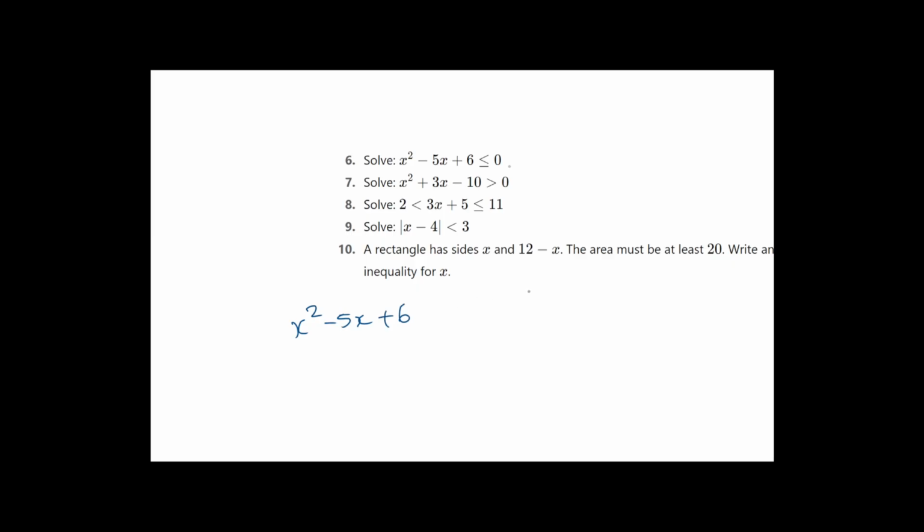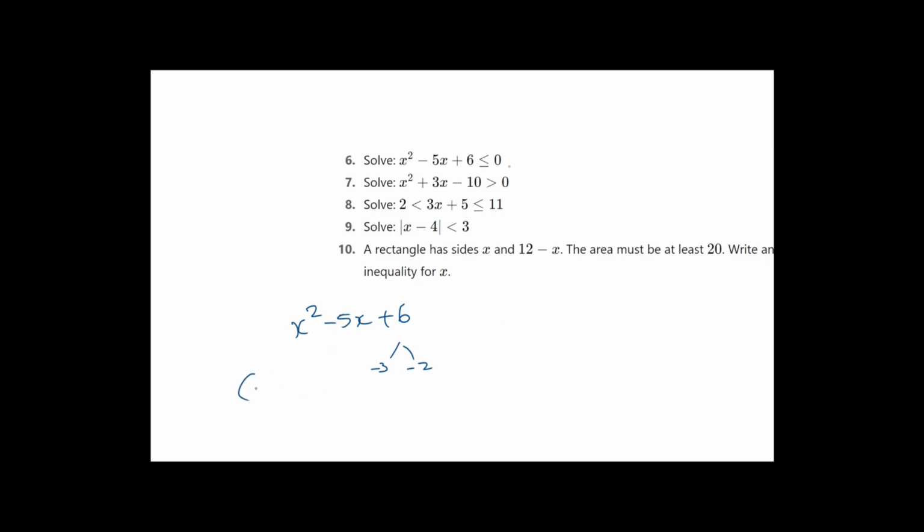Now two numbers there, minus 3 and minus 2. Yes. Just thinking out loud. Minus 3 times minus 2 is positive 6. Minus 3 minus 2 does equal minus 5.